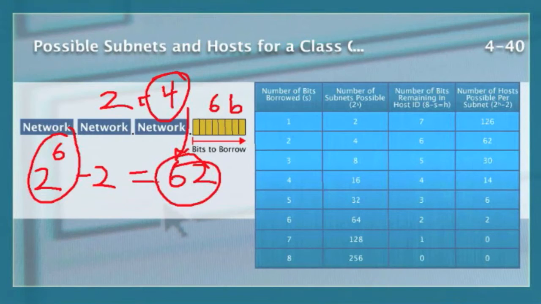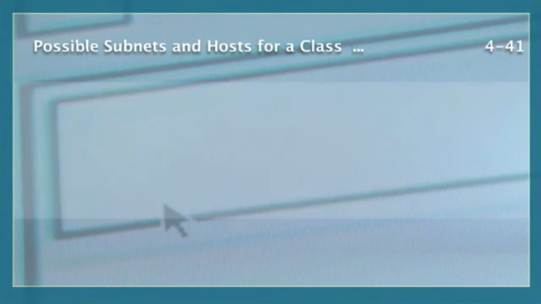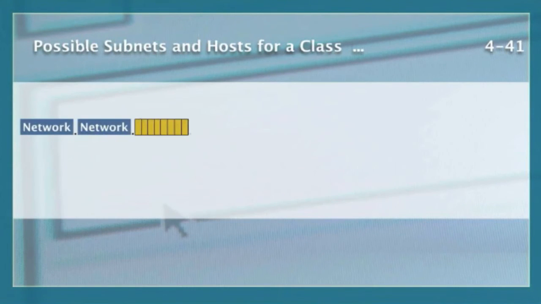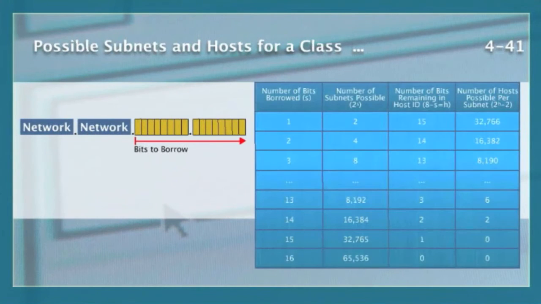By the way, we stick to Class C examples in here because we're dealing with real small networks in CCENT. But think about it, you could do this in a Class B environment. In a Class B environment, you have 16 bits.